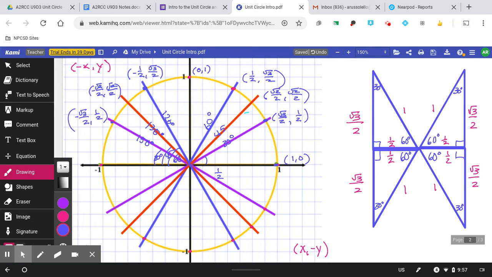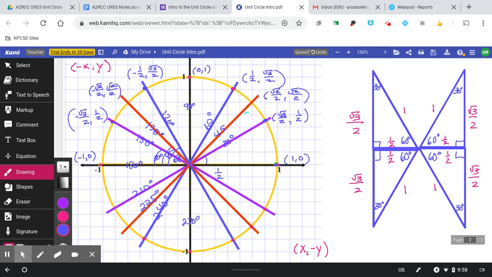All right, and as we keep going around, this was 90 degrees, I forgot to write that. This is 180 degrees, so at 180 degrees, it's going to be negative 1, 0. And then we have 210 degrees, and we have 225 degrees, and we have 240 degrees, and then 270.